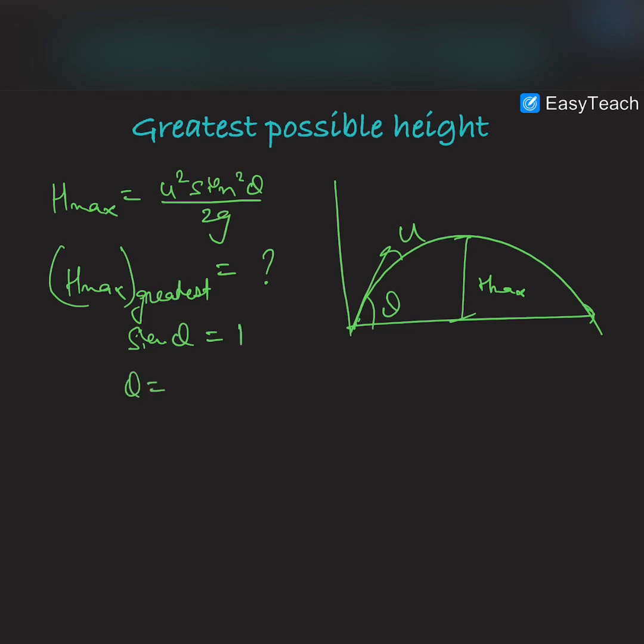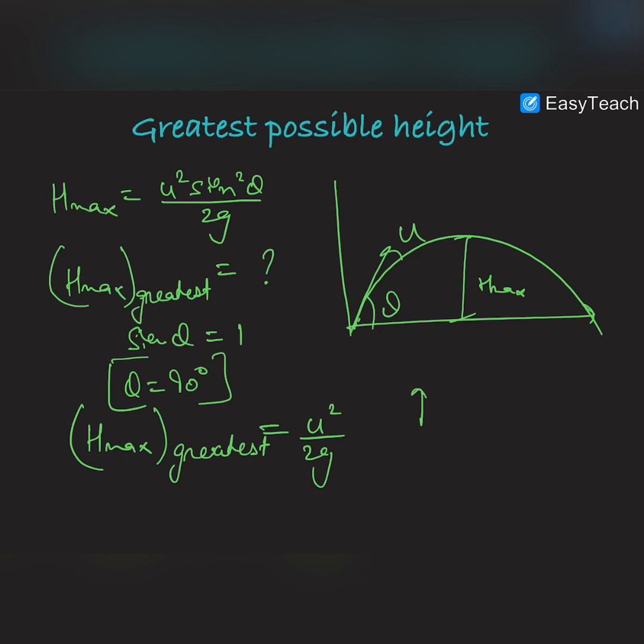So theta will be 90 degree, and therefore we can say the greatest value of h max is u square by 2g when we project the projectile in the vertically upward direction.